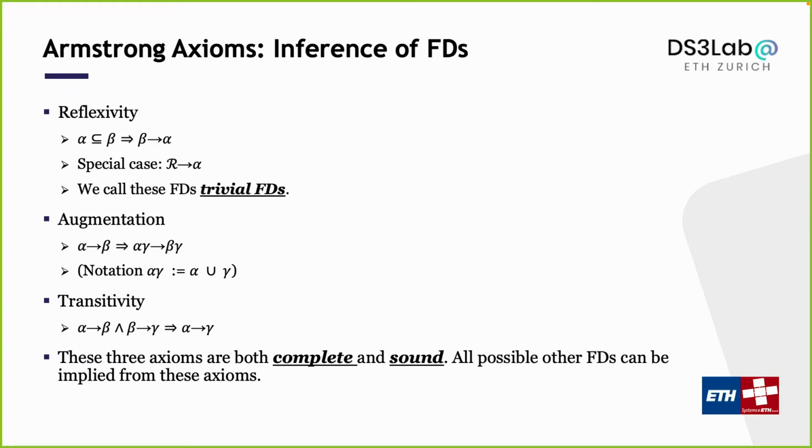That is, all the valid functional dependencies that hold given your input set of functional dependencies can be derived by applying these three very simple inference rules again and again. That is probably the surprising part.